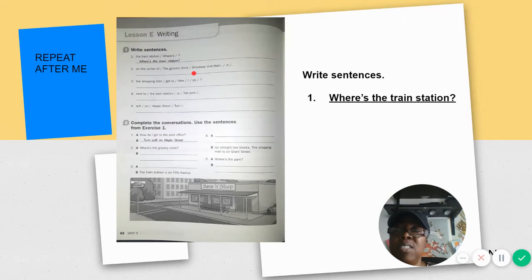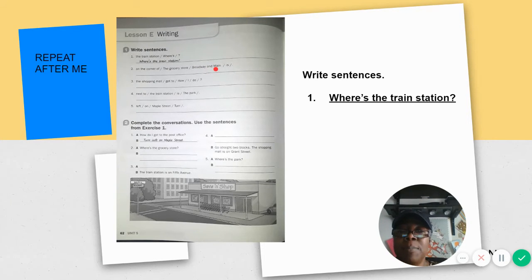So would you start your sentence Broadway and Main? Probably not. Definitely not. So you have the grocery store, okay? And then, so this is our subject of our sentence, the grocery store. Then we have to find a verb. And where's our verb? Is. The grocery store is. The grocery store is what? The grocery store is. Then you have 2 street names, Broadway and Main.